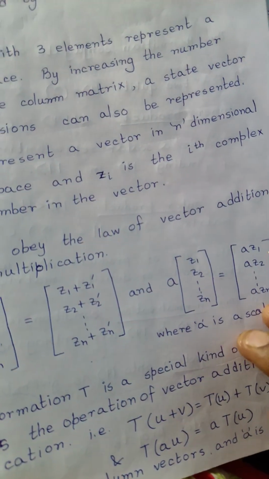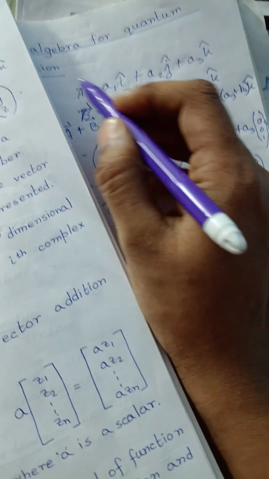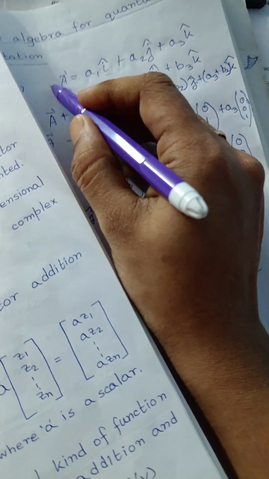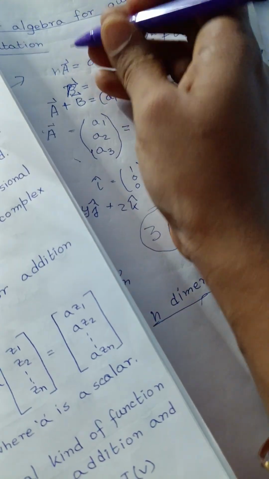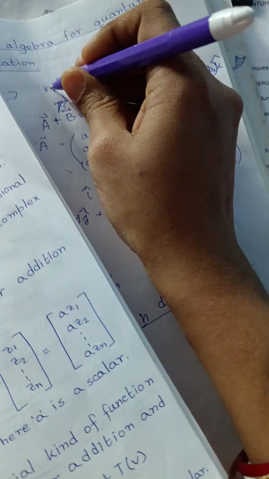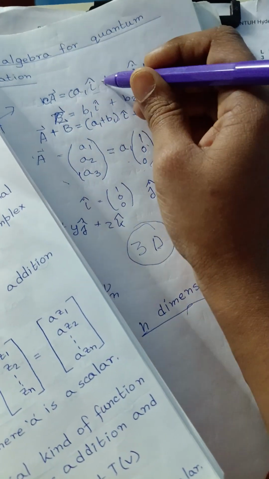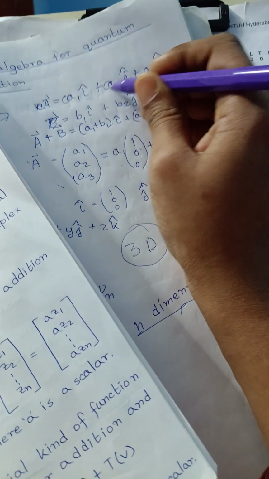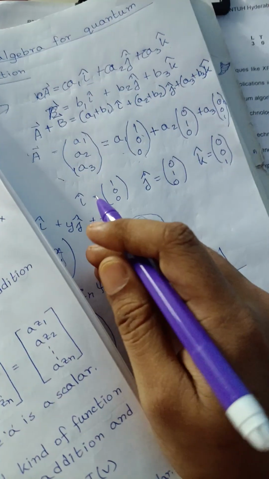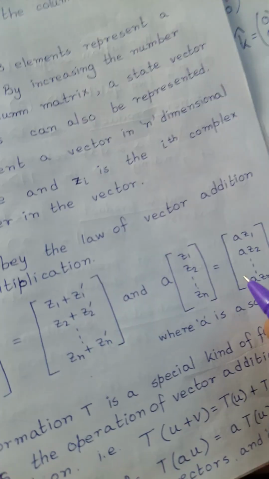So this is the result. The same thing happens when we multiply a scalar with this vector. So a vector is a1 i cap plus a2 j cap plus a3 k cap. If we multiply by a scalar quantity, say c, c times a vector will be c a1 i cap plus c a2 j cap plus c a3 k cap. So each and every component will be multiplied by the scalar quantity. That has been written here.